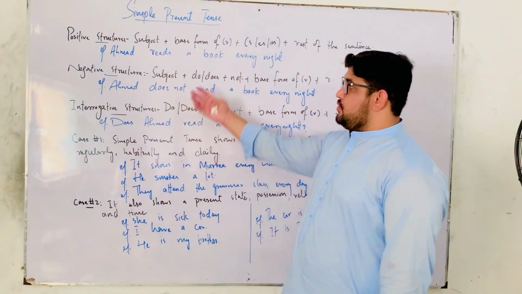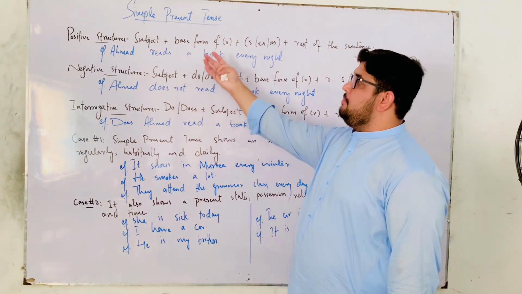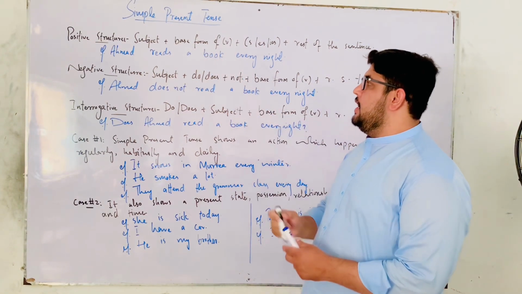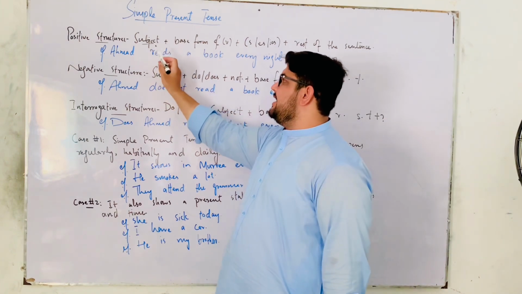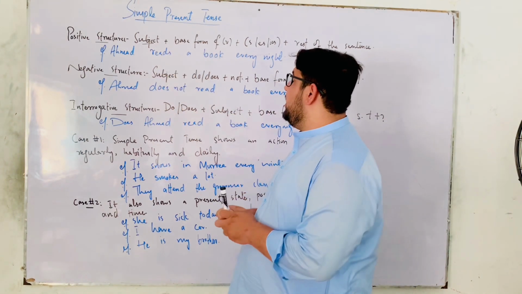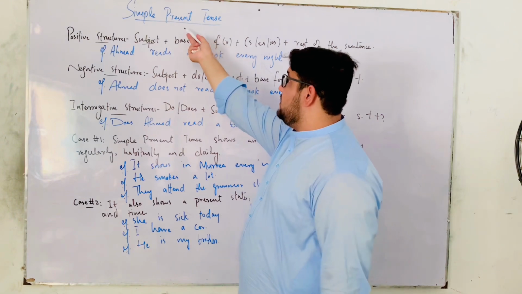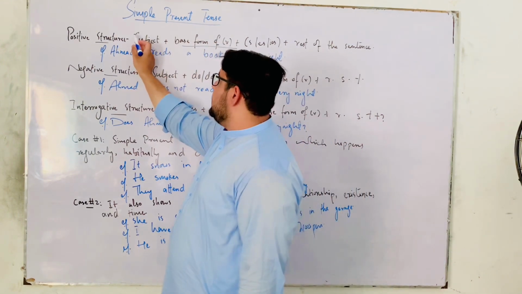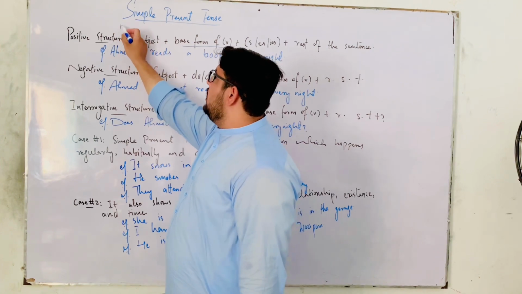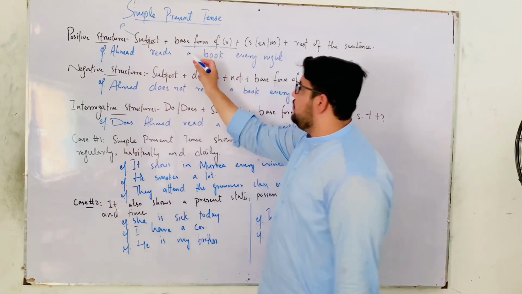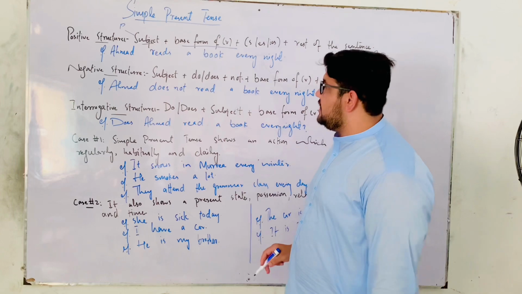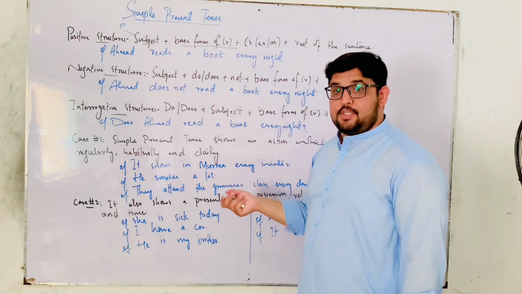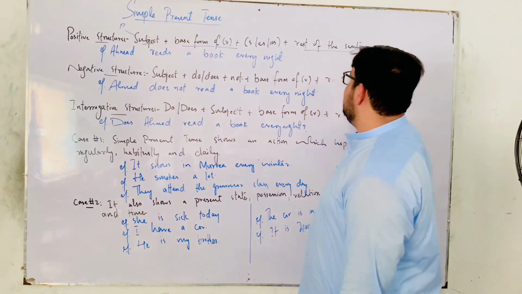Like the positive structure in simple present tense indicates how we can make a positive sentence. Suppose we have subject, we need subject in a sentence. We need verb in each and every sentence, but in simple present tense we use base form of the verb. If the subject is plural, we only use base form of the verb with plural subject, and we do not use S, ES and IES when the subject is plural, plus rest of the sentence.